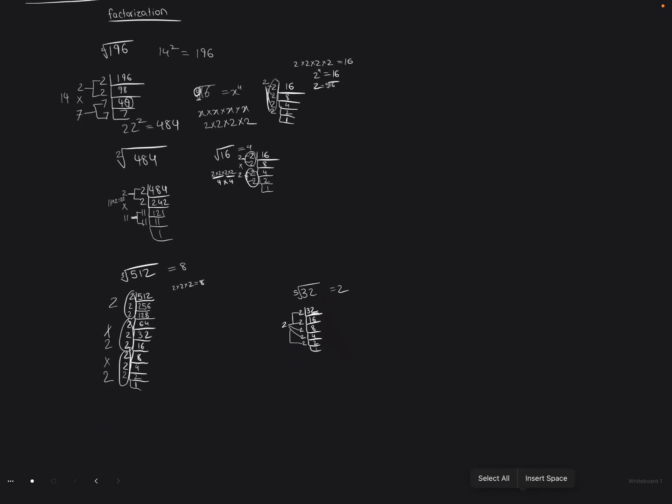Now, we'll be doing questions that give you mixed radicals. So, what are mixed radicals? Radicals are these expressions you see on my whiteboard right now.